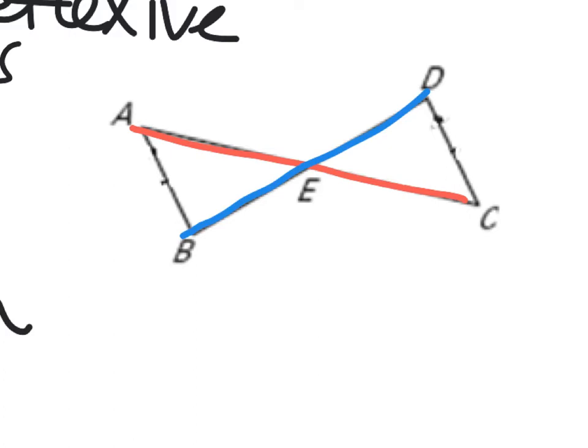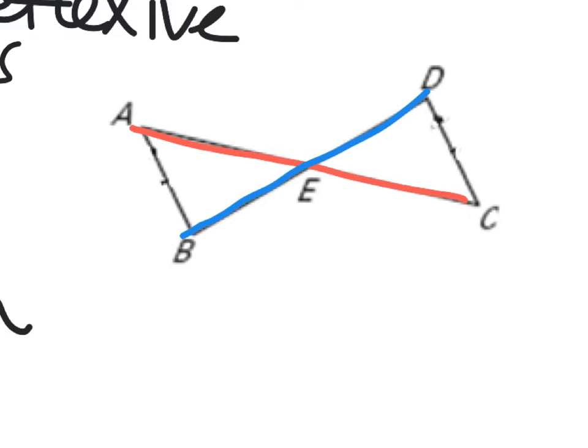So close. The blue line is cutting the red line in half, and the red line is cutting the blue line in half because they bisect each other. So AC and BD can be congruent to each other. You're on the right track.